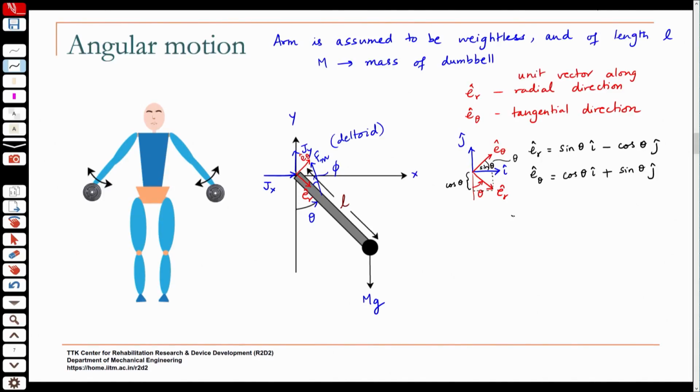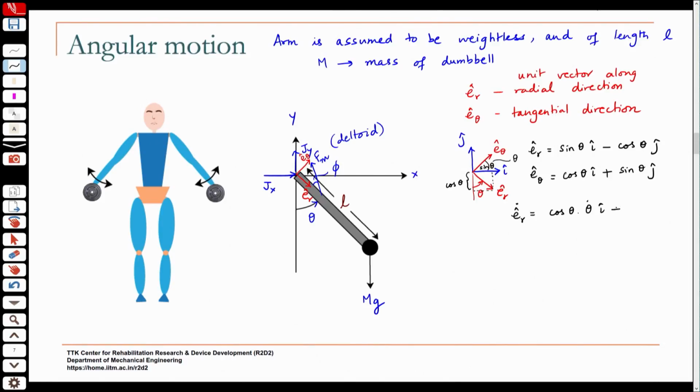So, I can find Er dot. Er dot is cos theta into theta dot along i, because I differentiate with respect to theta times theta dot.